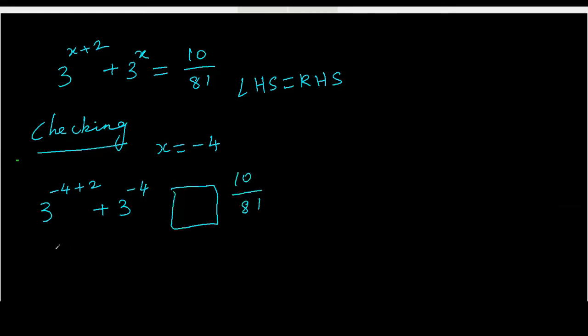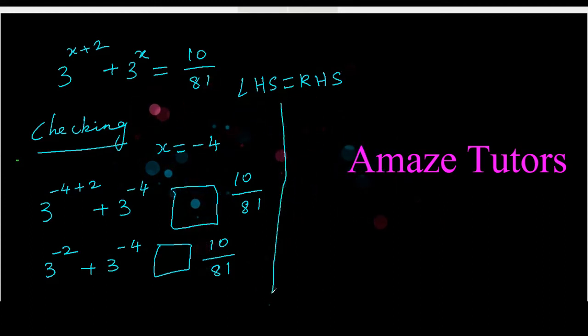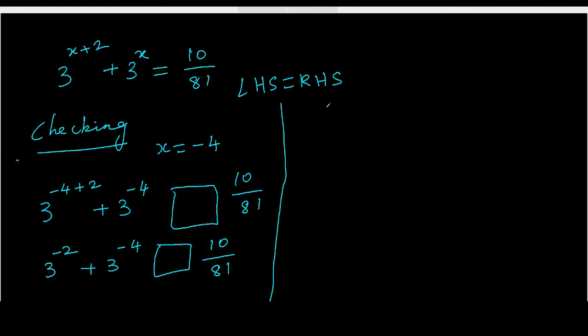Now negative 4 plus 2 is negative 2, because with two different signs, we take away the smaller from the bigger and keep the sign of the bigger number. That's what I did here, using integer properties. Now 3 power negative 4. Now I am going to bring it to the bottom to make it positive exponents.